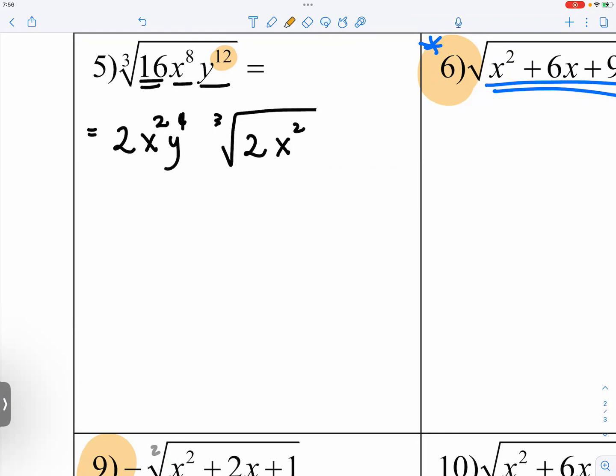And right off the bat, this is not even. So with an odd root, if it's a cube root or later on maybe the 5th root, you don't have to worry about the absolute value symbol at all. Okay. All right.